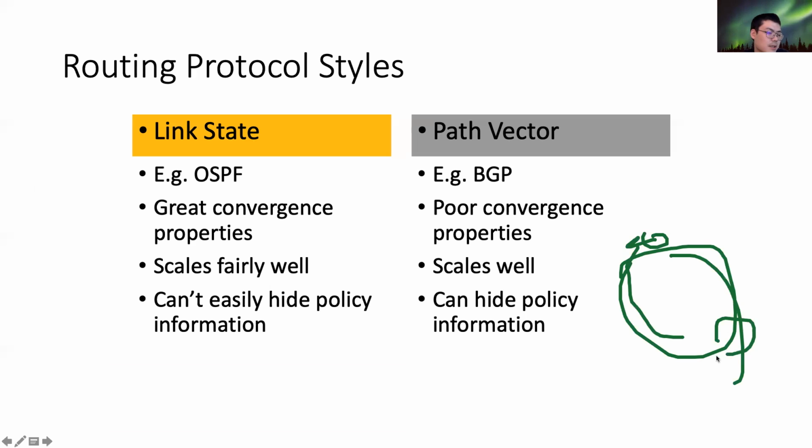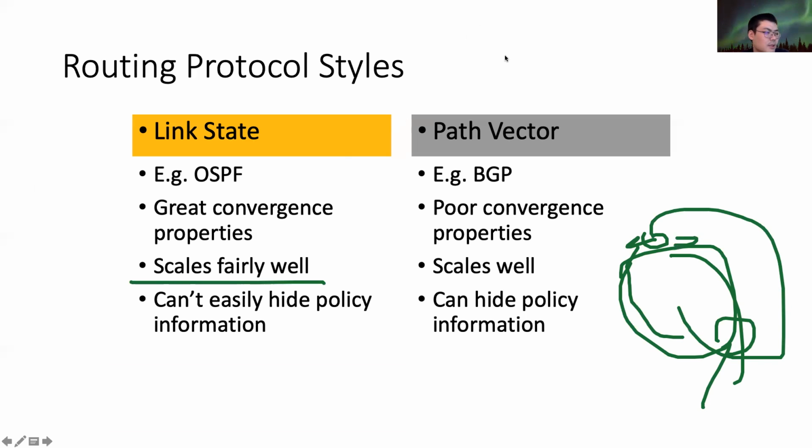Everyone has a snapshot of the graph and the weights, so they can compute their best path locally. But whenever there's a change, it's broadcast to everyone. This is link state. Think about it: you have a billion nodes, and you broadcast all the link changes to a billion nodes. That's not going to scale.